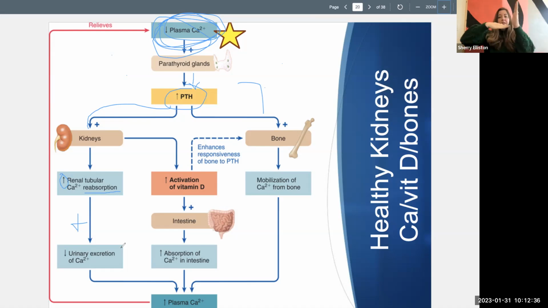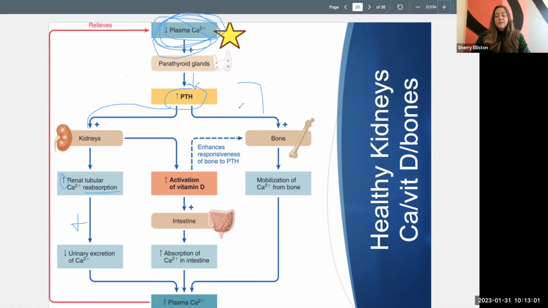So calcium drops, your parathyroid glands secrete parathyroid hormone. That indicates to the kidneys two things. One, reabsorb the calcium, so let's keep it on board because we know it's low. And two, stop getting rid of it. So we're going to hold on to it and we're going to stop getting rid of it. That is what the kidneys normally do.